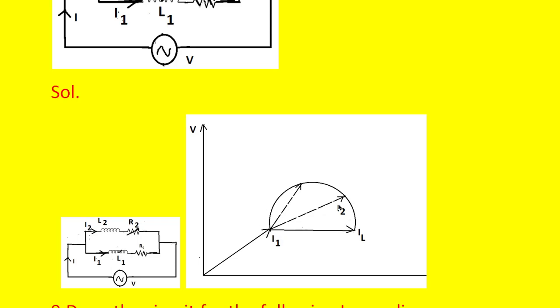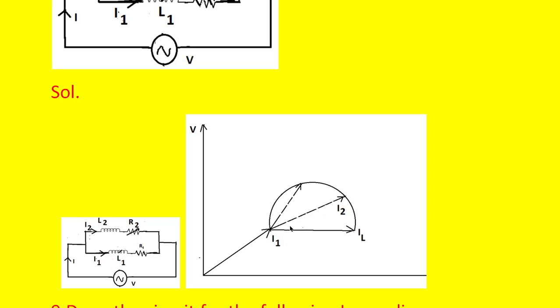If we increase the resistance, instead of the current vector here, it reaches here. If we further increase the resistance, it reaches here. If the resistance value becomes infinite, which is not practical, then the current flowing in the circuit will become 0. So we get a semicircle like this.